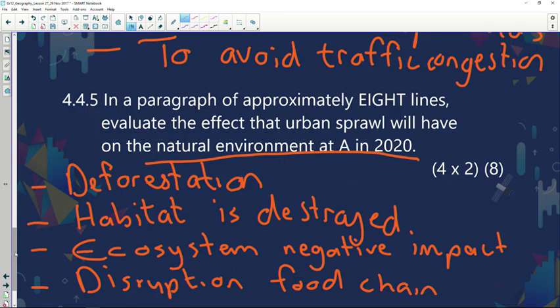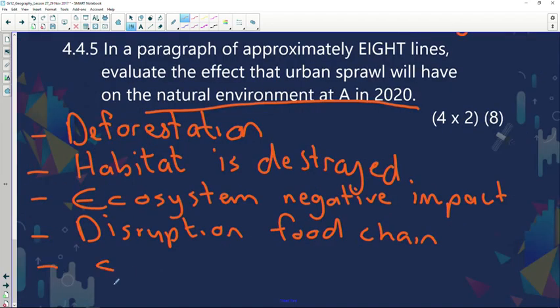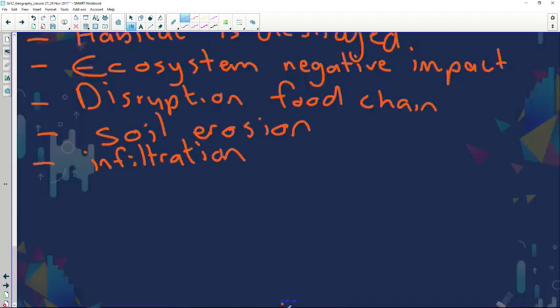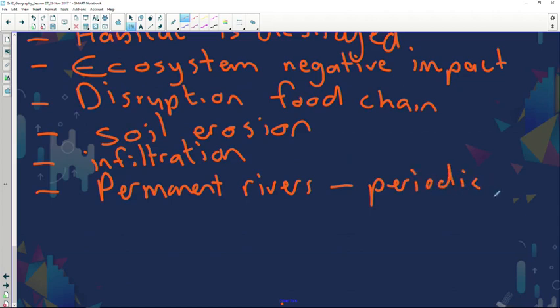Now, unfortunately, it's going to lead to soil erosion as well because of the deforestation. There's going to be less infiltration because it's going to be artificial surfaces in the area, such as tar road surfaces, same with pavements, and unfortunately, rivers, permanent rivers, will be turned into periodic rivers.